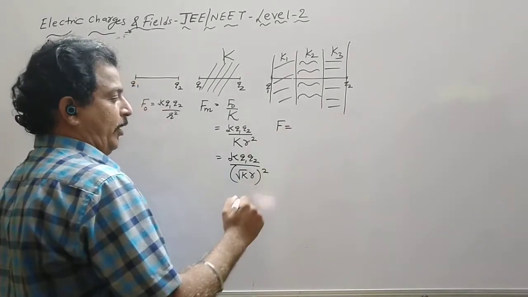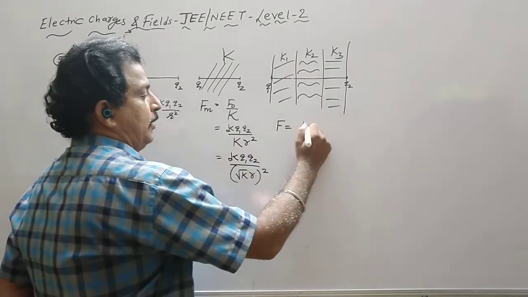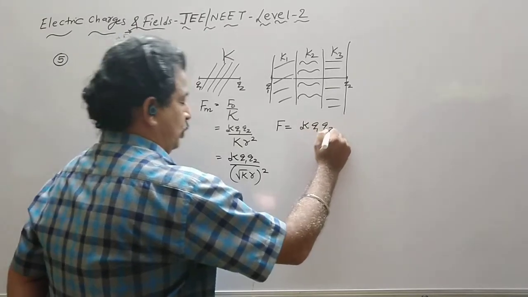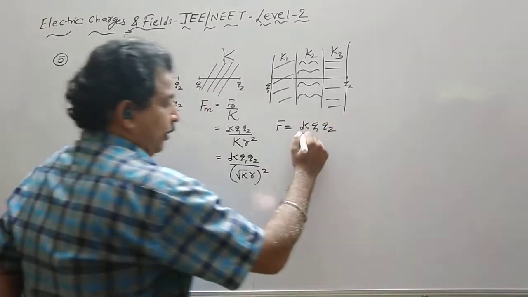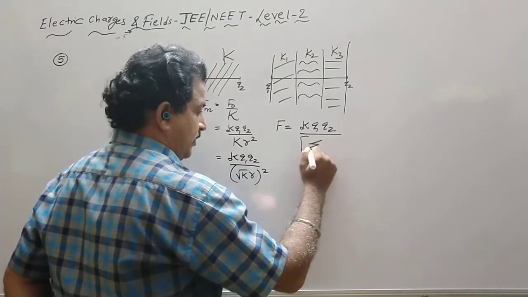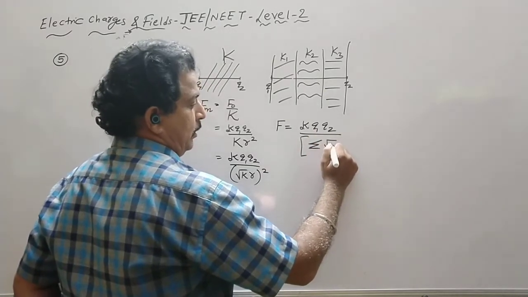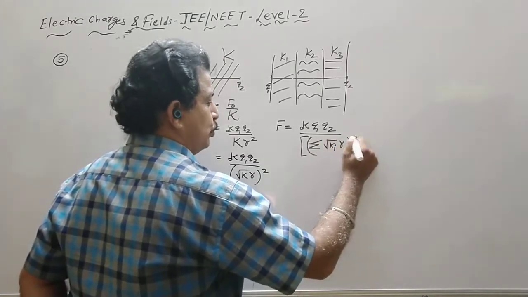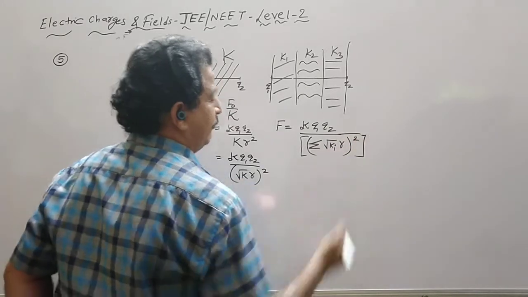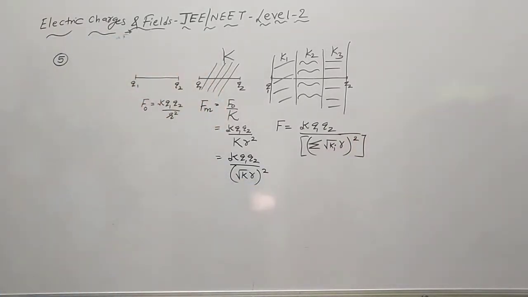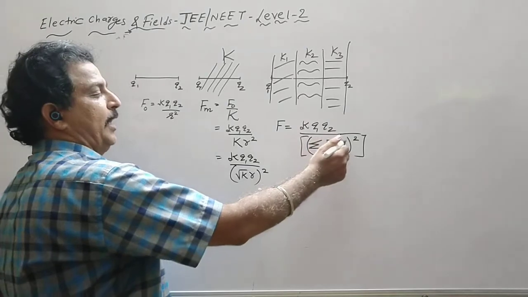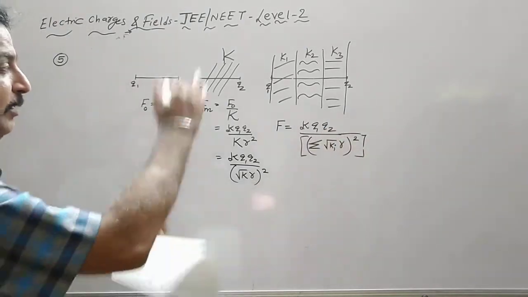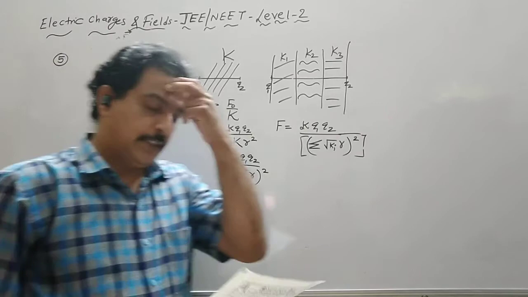So I can write directly F is equal to K Q1 Q2 upon summation sign under root Ki R whole square, where i is running from 1 to n, or whatever the mediums are. So directly you substitute this value, K1 R square, K2 R square like this. Different mediums are given. Now let us come to question number 5.